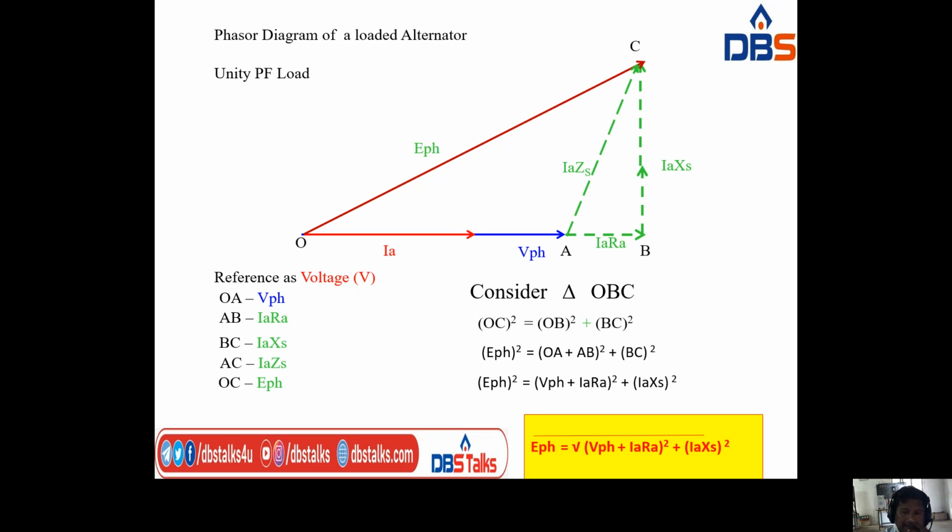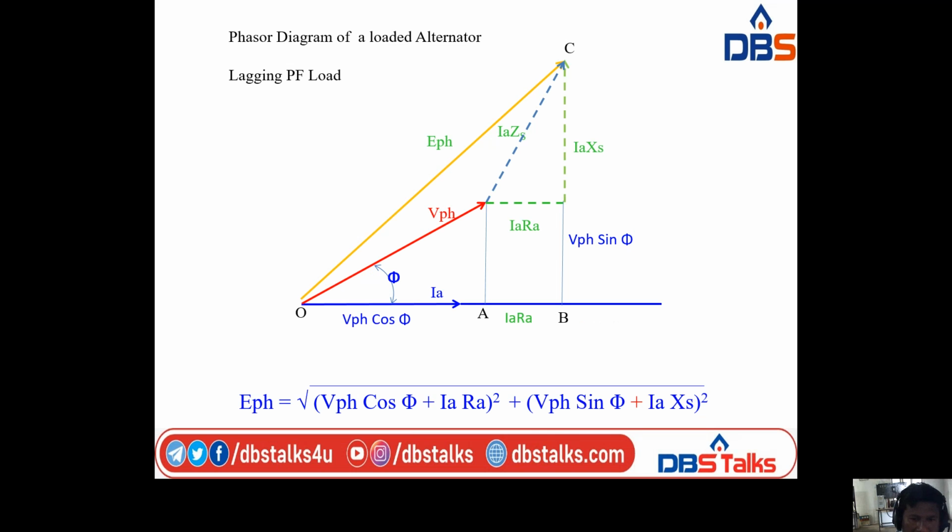So (V phase plus IARA) square plus IAXS square. Therefore, E phase is equal to square root of (V phase plus IARA) square plus IAXS square, because cos phi is equal to 1, sin phi is 0. That's why E phase square is equal to (V phase plus IARA) square plus IAXS square. From that, we determine the E phase and then the regulation for unity power factor.